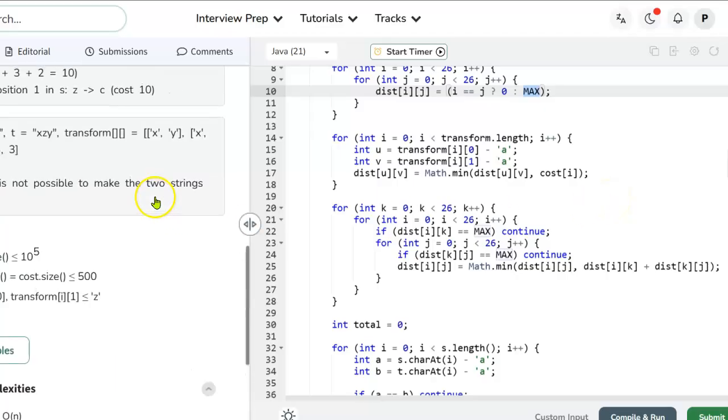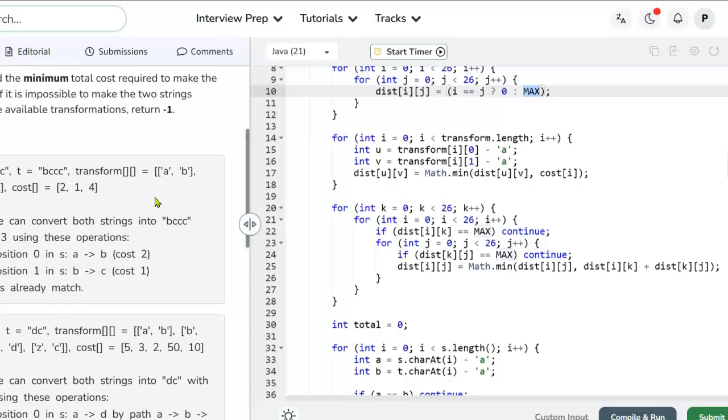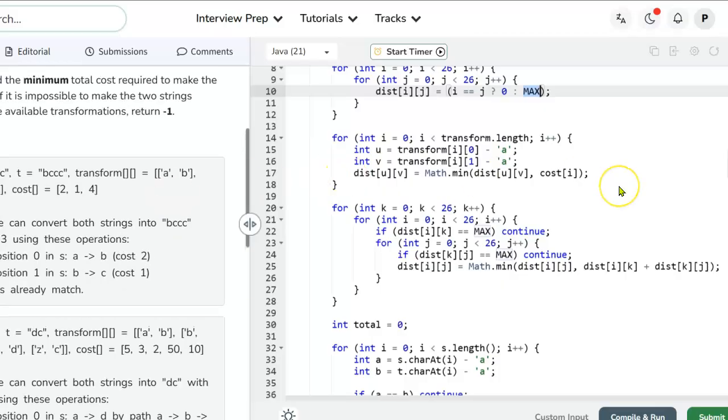Now we supplement that with what we can get from the cost array. So we go through the transform. We get the 2 letters.